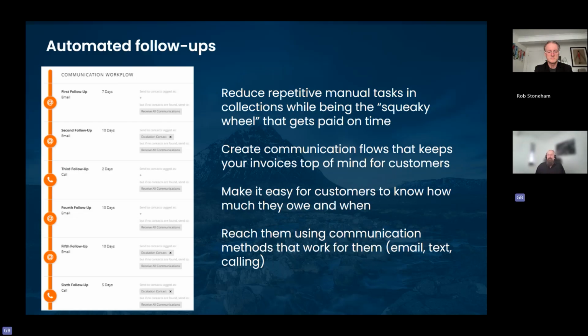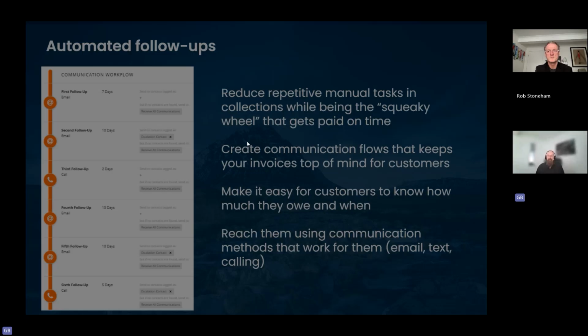The other brilliant thing about when we send out workflows is that we don't spam people invoice by invoice. Everything that we send out, we will consolidate into a single email. It's branded with your logo.